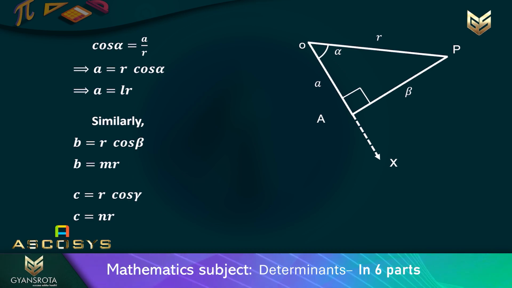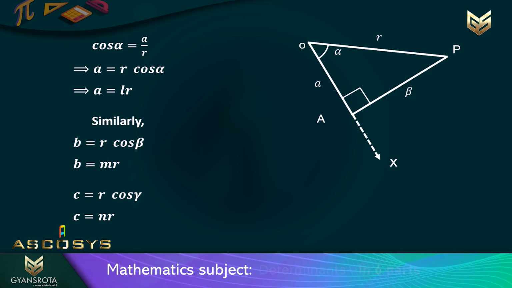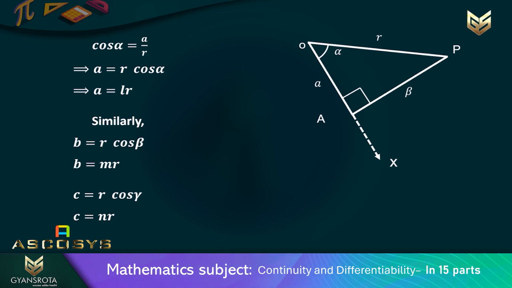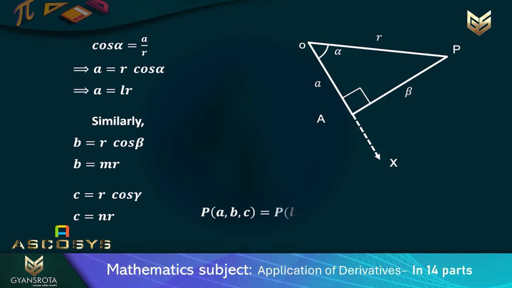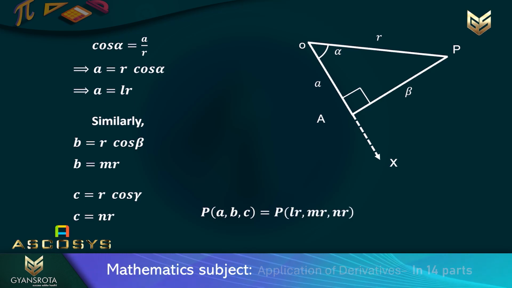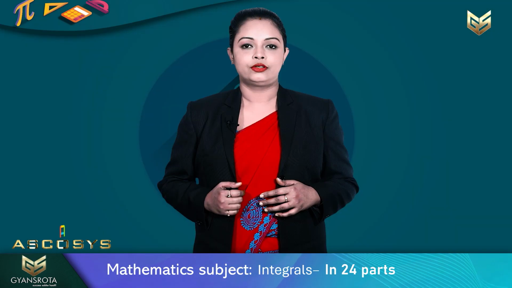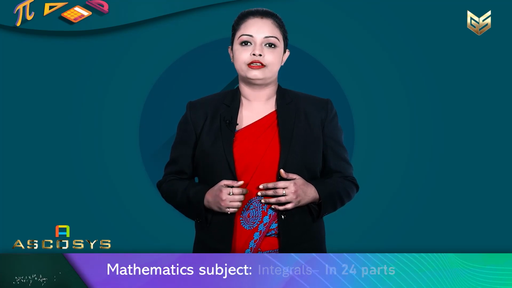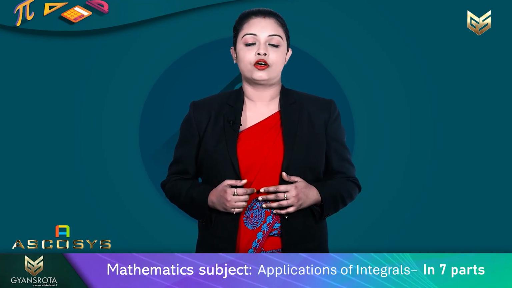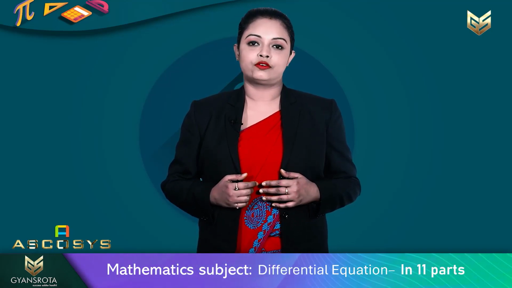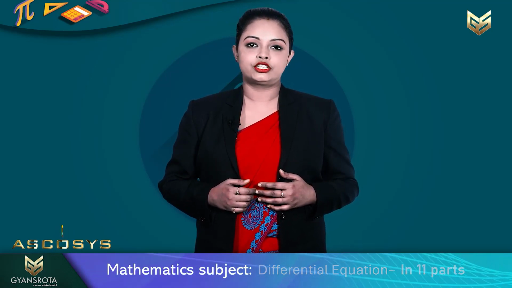So we had A equal to LR, B equal to MR and C equal to NR. Now in the point P, instead of writing P(A, B, C), we can write it as P(LR, MR, NR). In this way, we can find the direction cosines or the direction of a vector. So we have seen how to find the magnitude of a vector and also the direction of a vector.